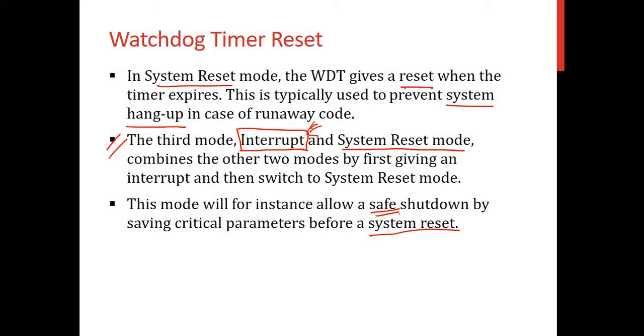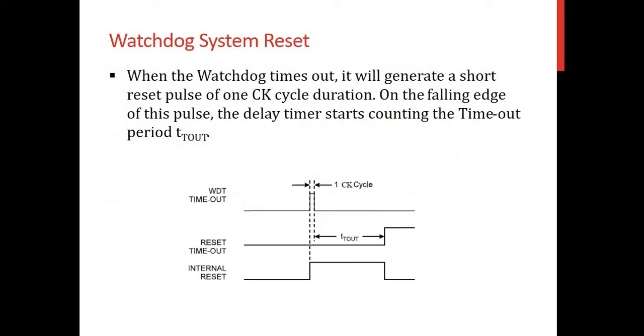So that is how the watchdog timer operation sort of works. In terms of the reset, basically what happens is the moment the watchdog times out, it will generate a single clock pulse, and at the same time I will issue the internal reset. So this is to reset the microcontroller.